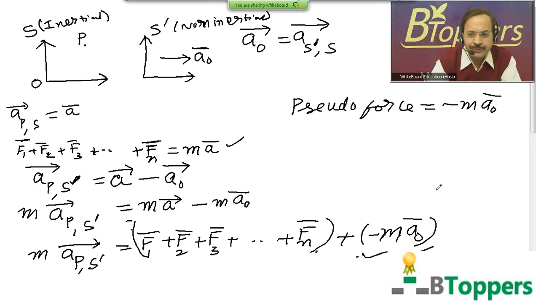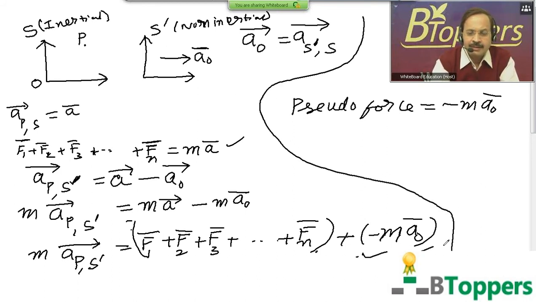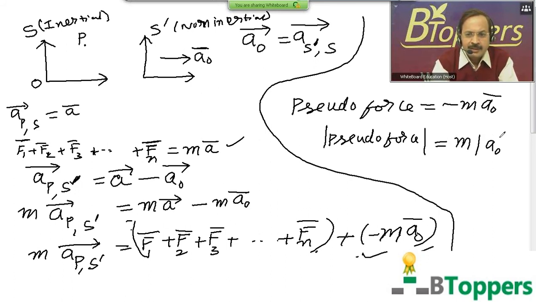That means the direction of this pseudo force will be opposite to the direction of the acceleration a naught bar of the non-inertial frame. But the magnitude of the pseudo force is equal to m times the magnitude of acceleration a naught bar of the non-inertial frame with respect to the inertial frame.